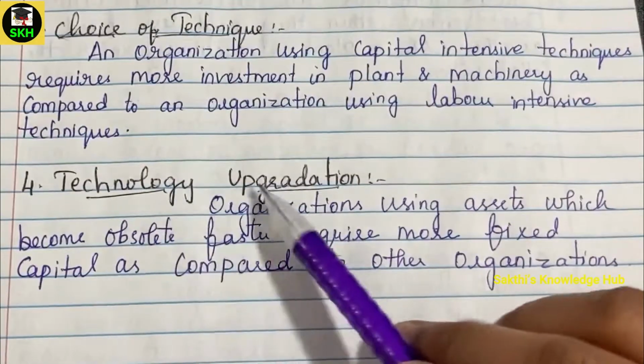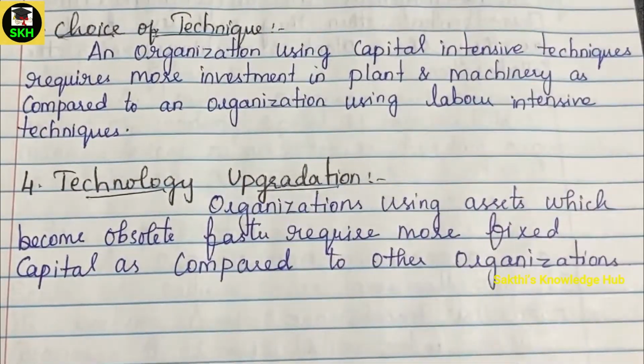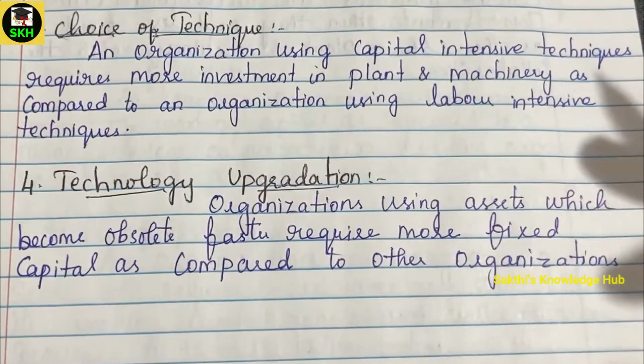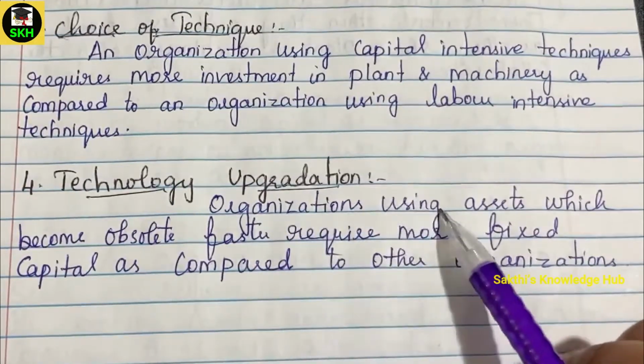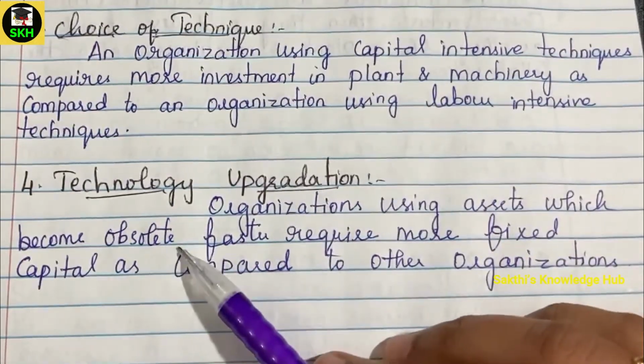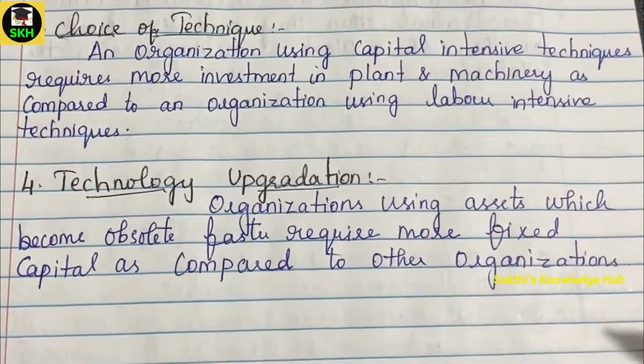And the next is technology upgradation. On what basis are we upgrading or utilizing our technology? It may be the old technology, a very simple technology, or the advanced one. The situation depends on the organization and its decision. An organization using assets which become obsolete faster requires more fixed capital as compared to other organizations.